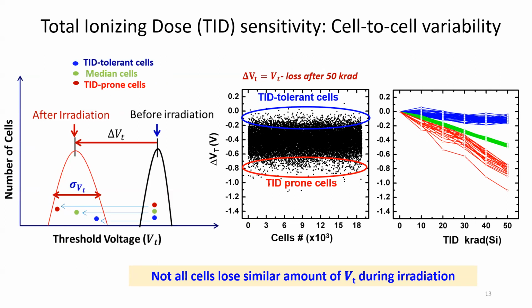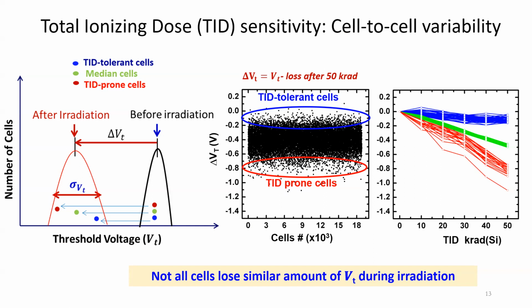It's not just one run, and it's not because the gamma radiation is non-uniform; it is quite uniform across the chip, so all the cells experience the same TID. If we repeat this experiment, the TID tolerant cells remain TID tolerant and TID prone cells remain TID prone. So that means it has something to do with the properties of the cell.